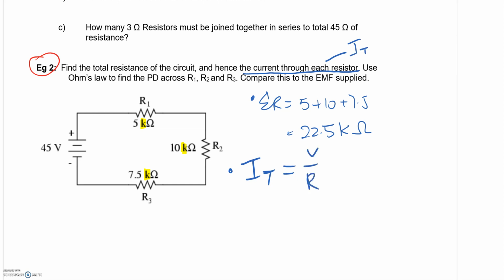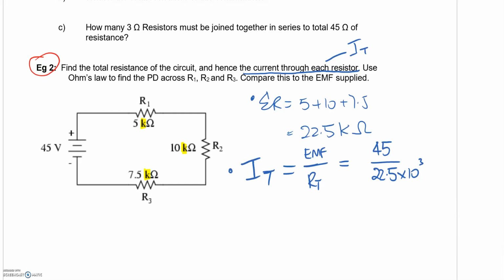Which V and which R? If you want to know the total current, a good way to think of it is EMF over your total resistance. In this case, it's 45 joules per coulomb, and our total resistance was 22.5 by 10 to the 3.